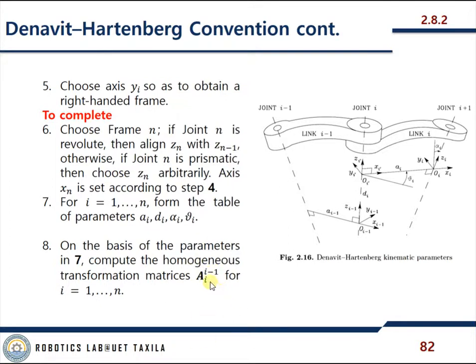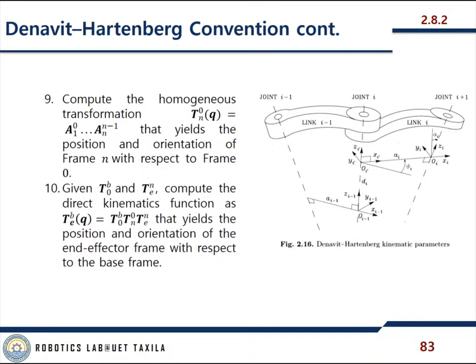That's the way we choose these transformation matrices. Then compute the homogeneous transformation T0n, frame 0 to frame n, from n to n-1, then n-1 to n-2, and finally from 1 to 0. That yields the position and orientation of frame n with respect to frame 0.